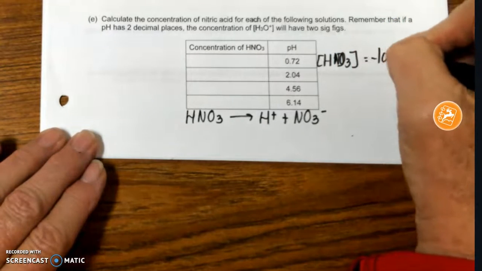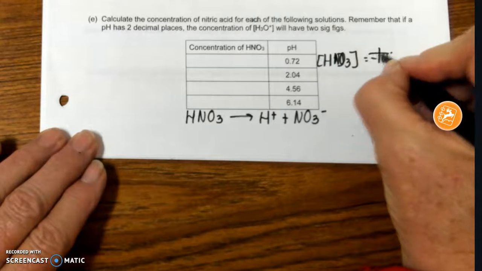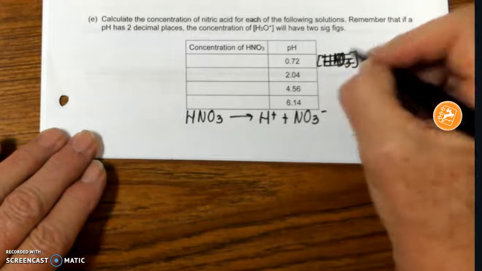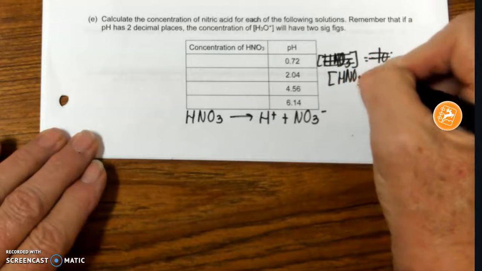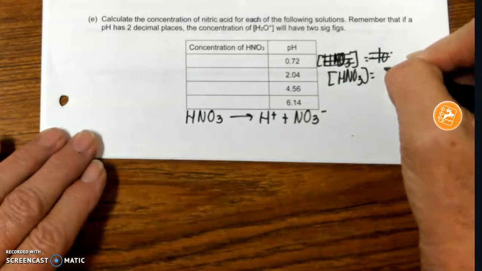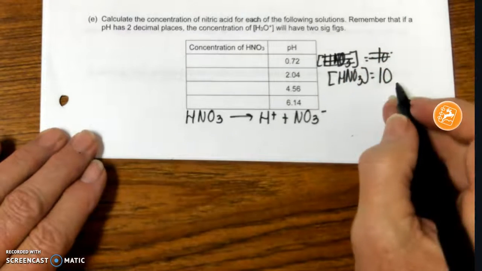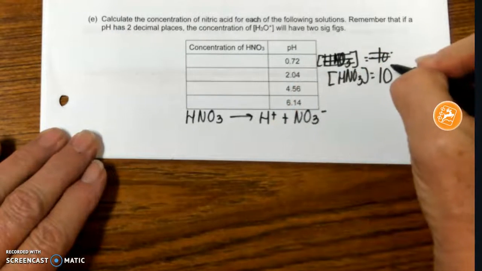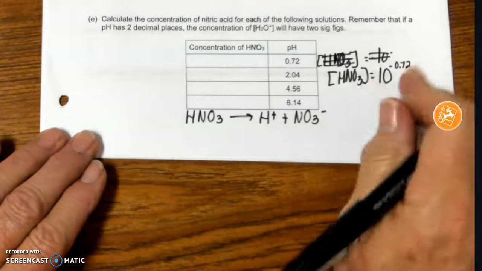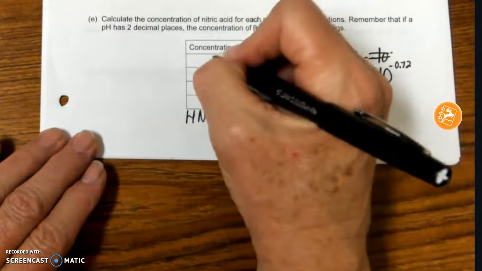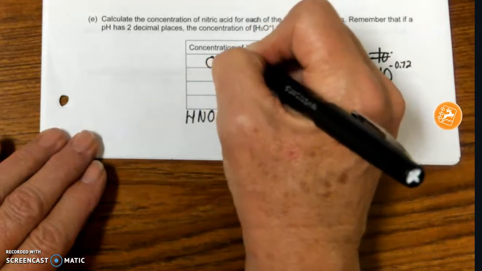That's not right, so let's start over with that. The concentration of HNO3 for this one is going to be 10 to the negative 0.72, the inverse log. When I plug that in, I get 0.19 molar.